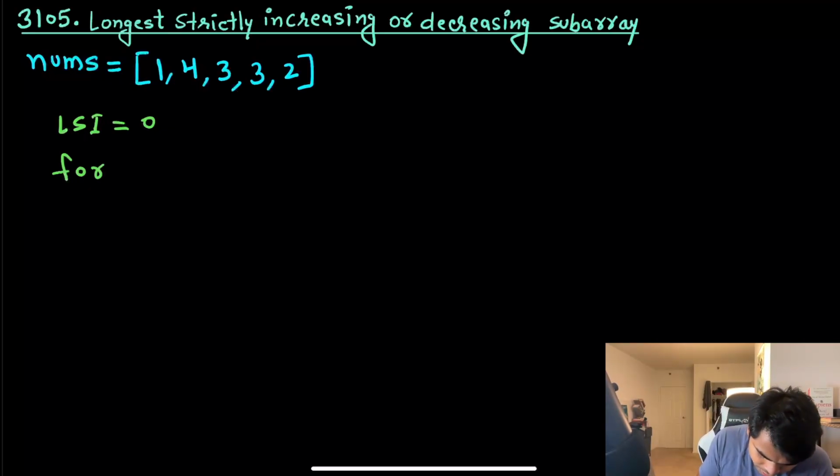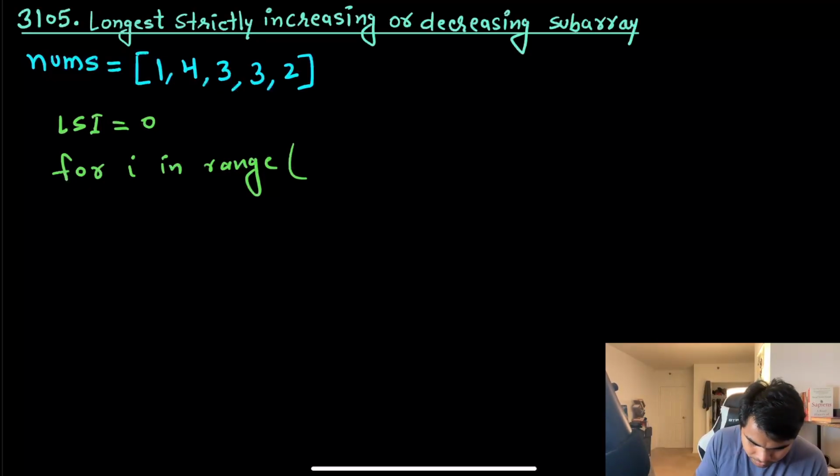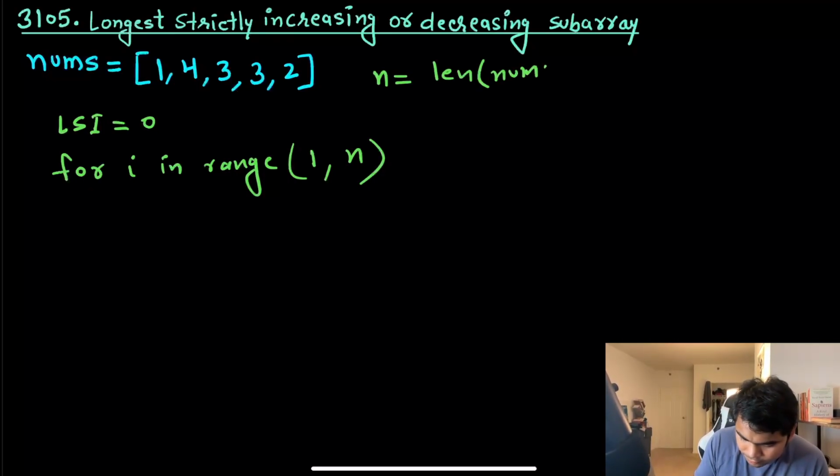So for i in range, let's start with 1 and go up to n, where n is the length of this array. Let's just calculate it, n equals length of nums, right?